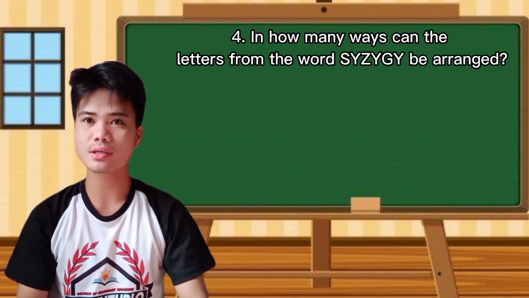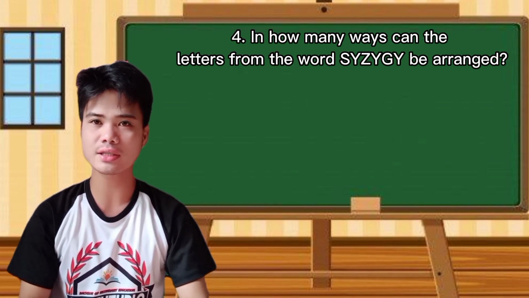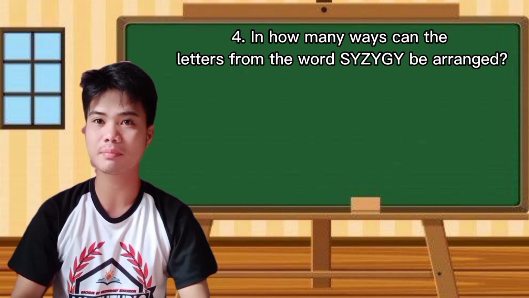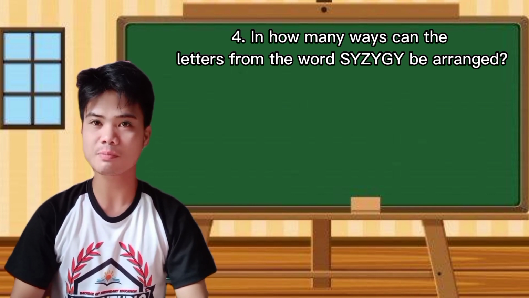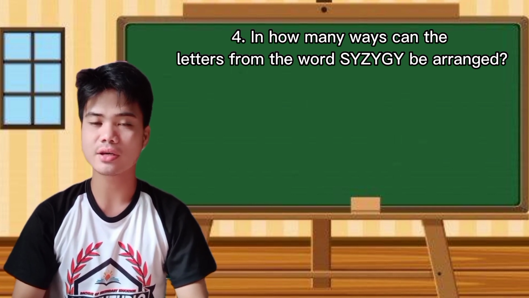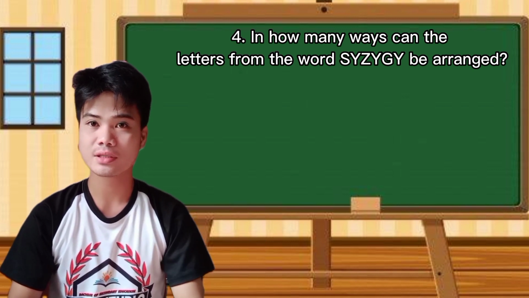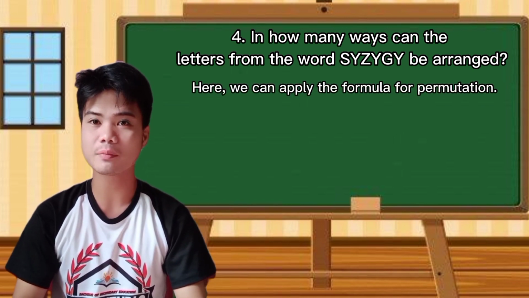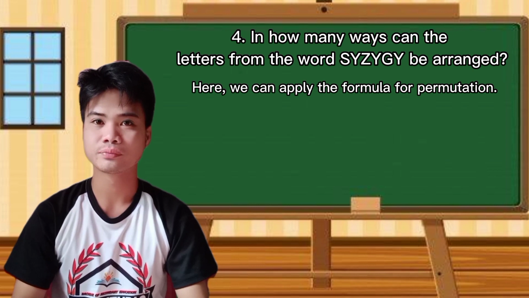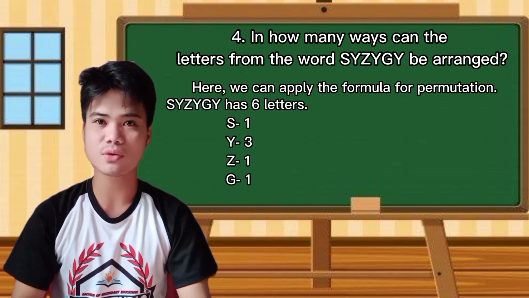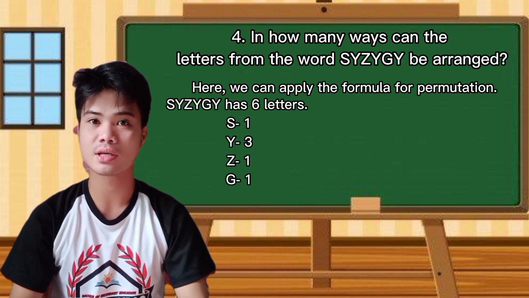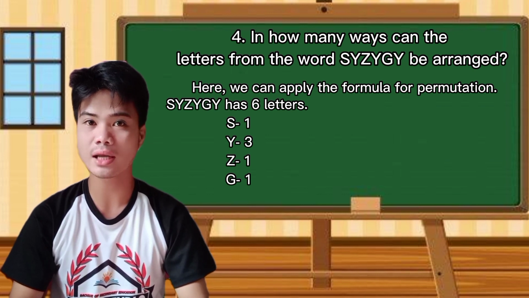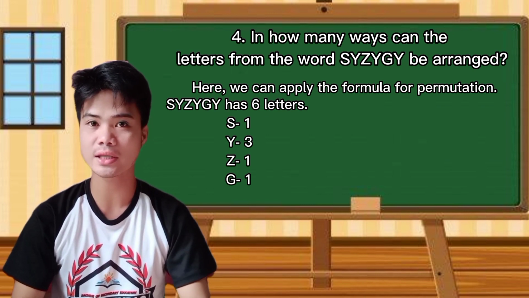In how many ways can the letters from the word SYZYGY be arranged? So in this problem, as you can see, the arrangement is needed. So here, we can apply the formula for permutation. SYZYGY has 6 letters. S, we have 1 letter. Y, we have 3 letters.